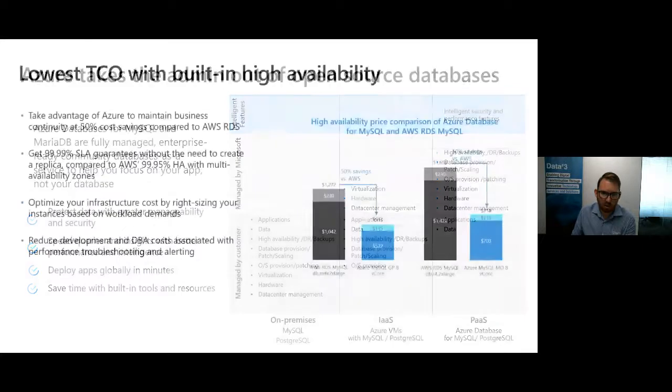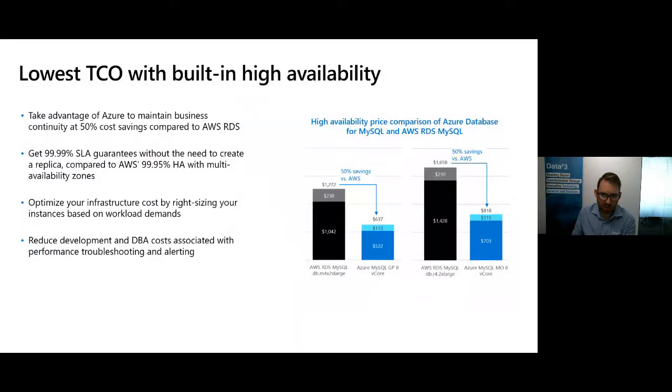In terms of total cost of ownership, on this slide there's an advantage to get cost savings compared to AWS. Azure has a higher SLA guarantee, no need to create replicas, and it's optimized and right sized for your instance workloads. And you see some figures there around the cost savings from Azure compared to AWS.